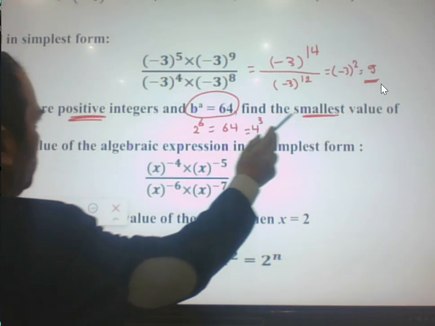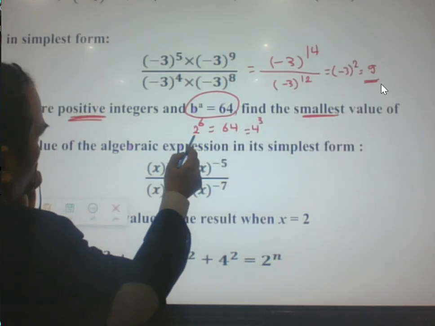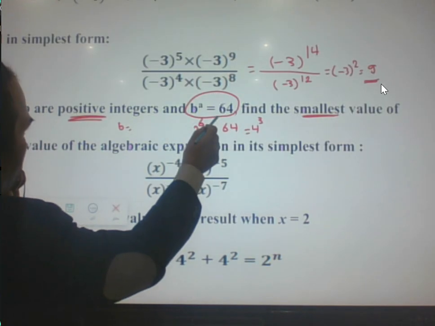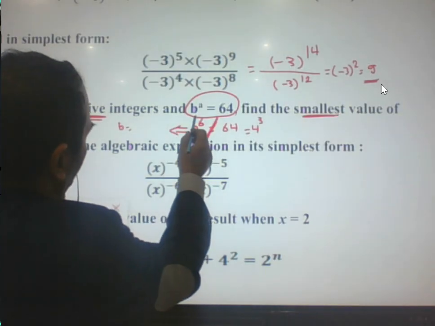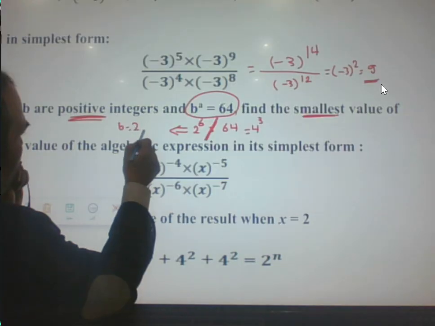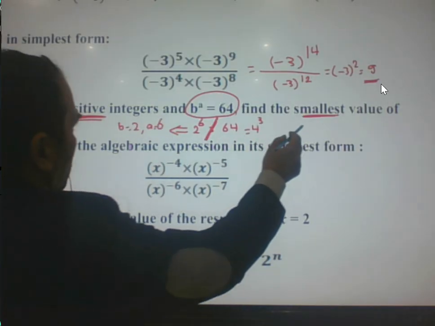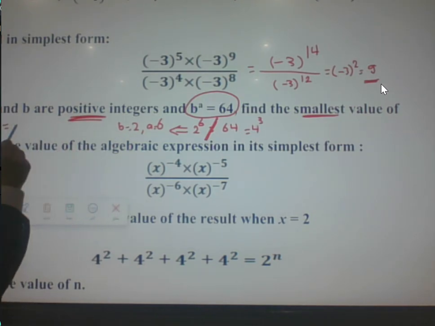He asked about the smallest value of a plus b. If we have 2 power 6 equivalent to b power a, in this condition, b here will be equal to 2 and a will be equal to 6. If we find a plus b here, we can write 2 plus 6, the result will be 8.